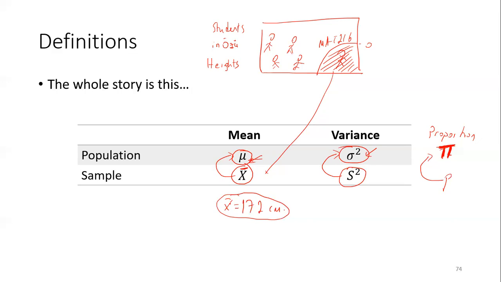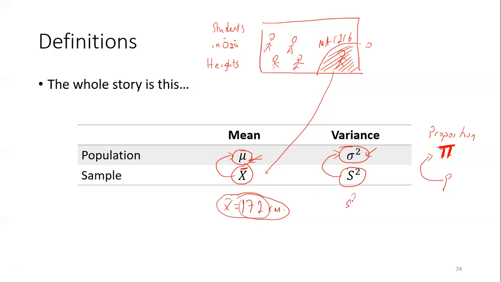The second thing, if you are being asked what are the plausible, acceptable values of mu, then you can say that the real mu is somewhere very close to 172 centimeters.